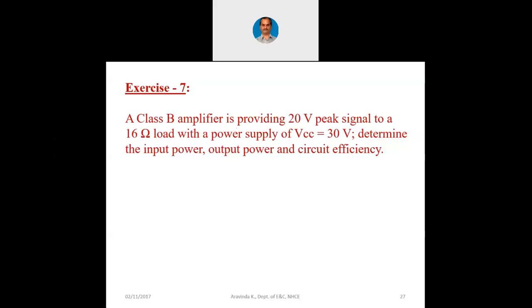Note down the output voltage peak is 20 volts. Load is 16 ohms. VCC 30 volts. Please note down. I want you to work out this and tell me the input power, output power and the circuit efficiency.